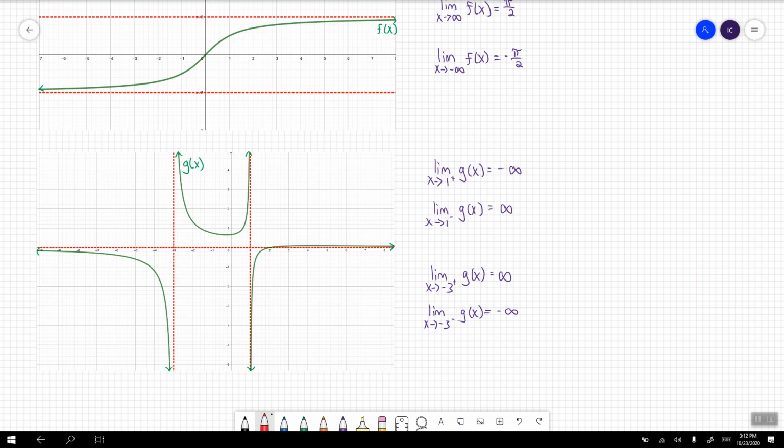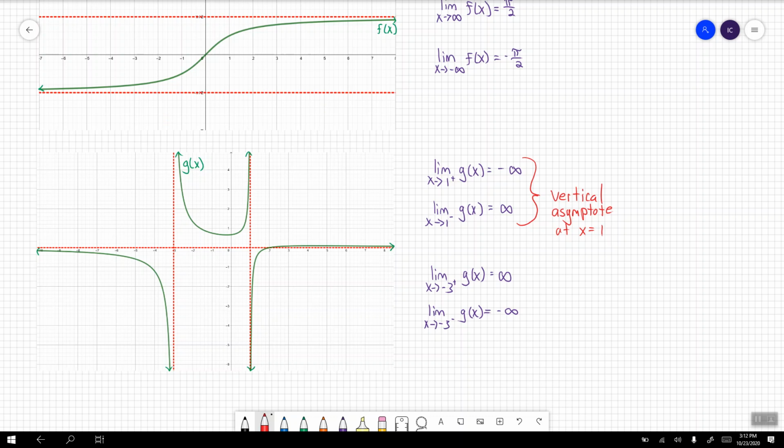In either case, because one of the left or right hand limits approaches some sort of infinity, we have a vertical asymptote at x is equal to 1.